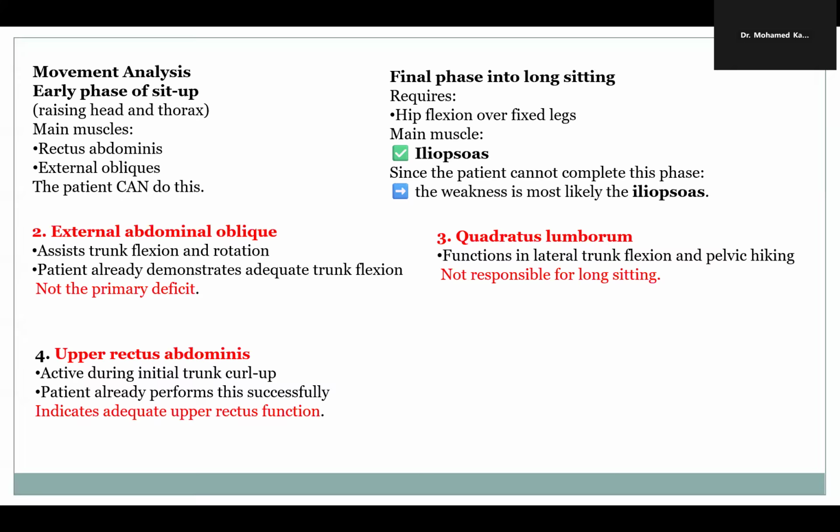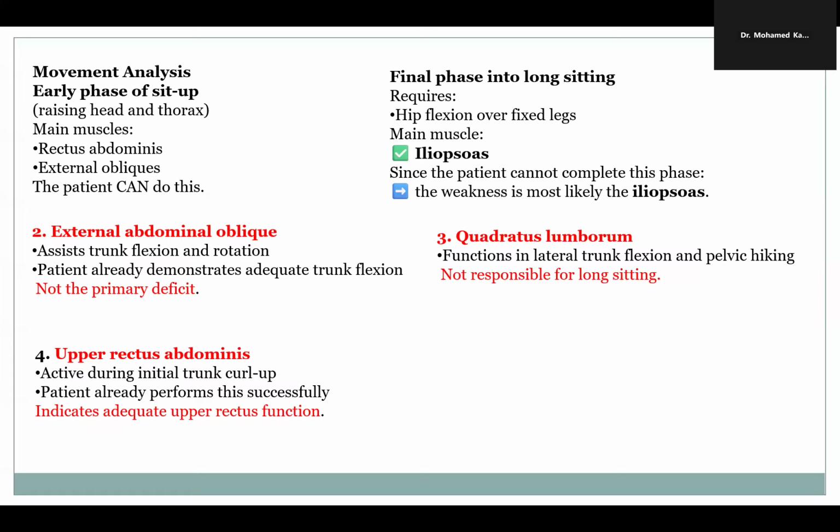The final phase in long sitting will require hip flexion over the fixed leg, which is in knee extension and hip extension. Okay, so the main muscle will be the iliopsoas. Since the patient cannot complete this phase, the weakness is most likely in the iliopsoas.